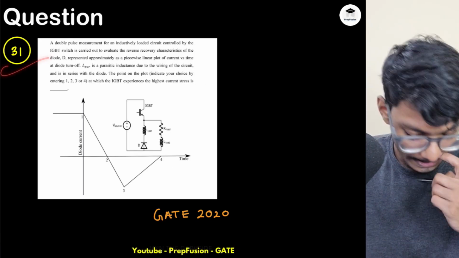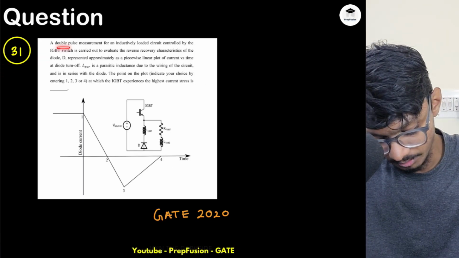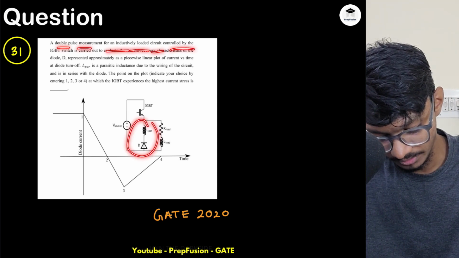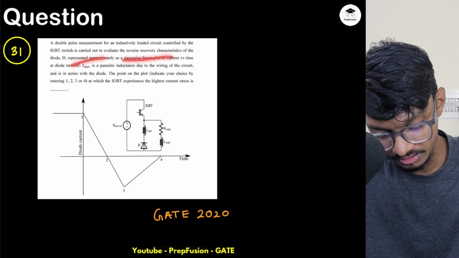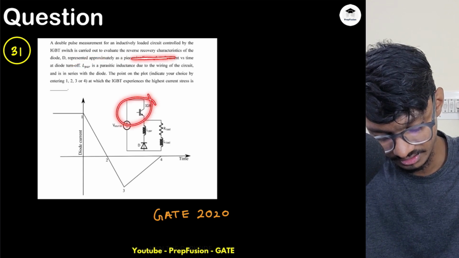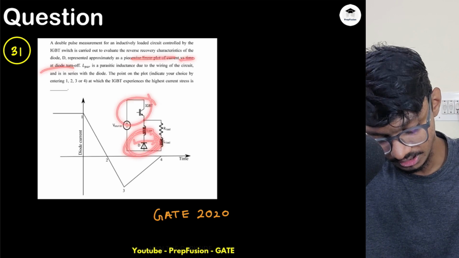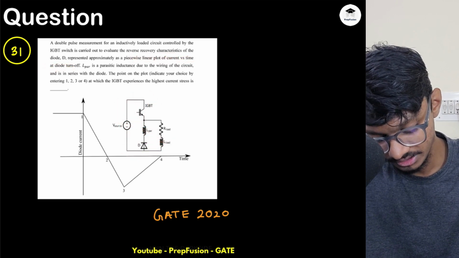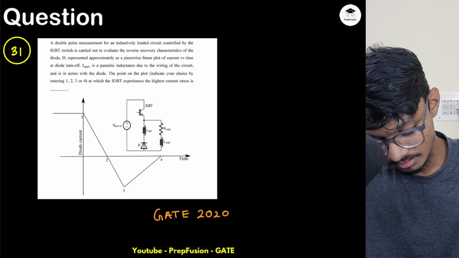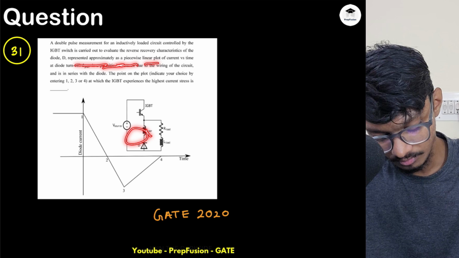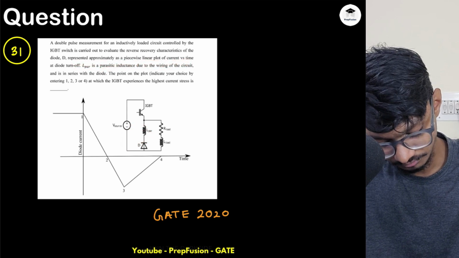Last question is this one: a double pulse measurement for an inductively loaded circuit controlled by IGBT switch is carried out to evaluate the reverse recovery characteristics of the diode D. A test is carried out with IGBT, represented approximately as a piecewise linear plot of current versus time.